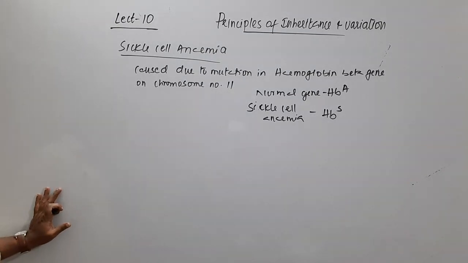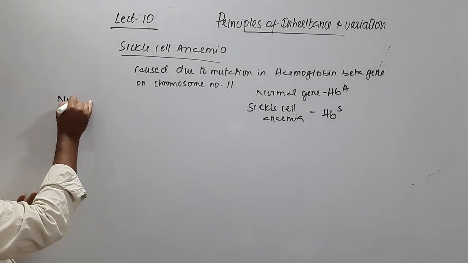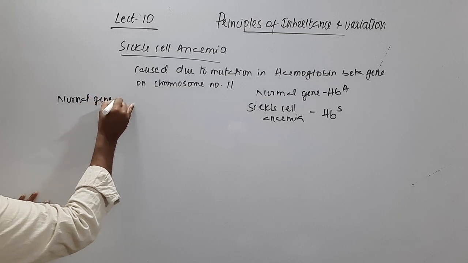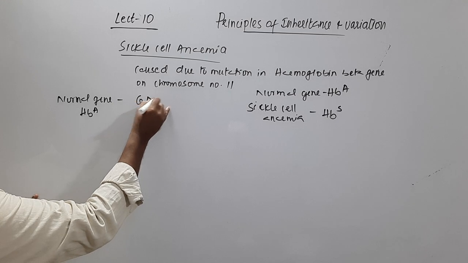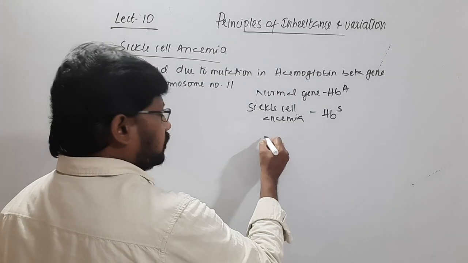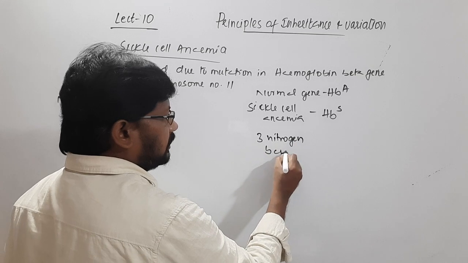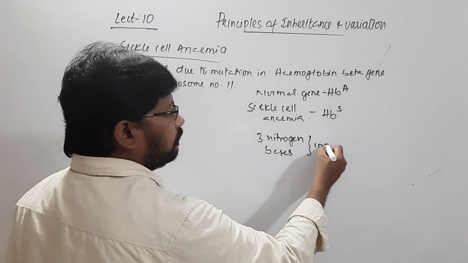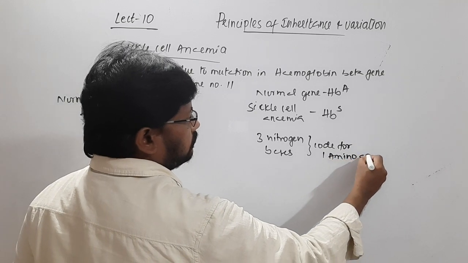Let's see here, the normal gene HbA is having the sequence GAG. Here I'll just mention that three nitrogen bases will code for one amino acid.